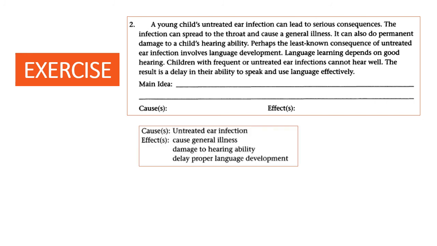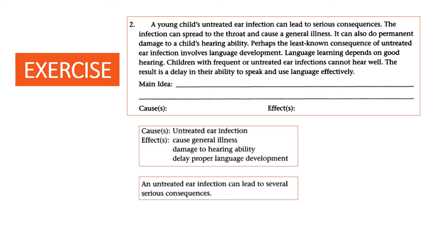Okay, so in this paragraph we have a single cause and several effects. The cause is untreated ear infection, while we have three effects. The first one, it causes general illness, then it can damage hearing ability, and the last, it can delay proper language development.